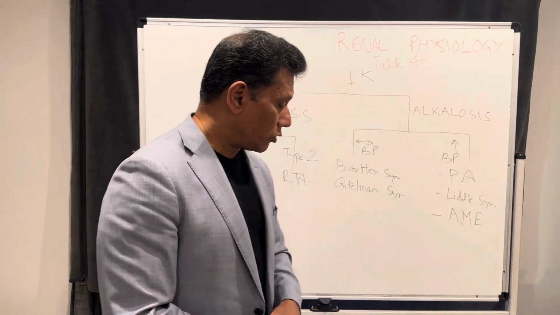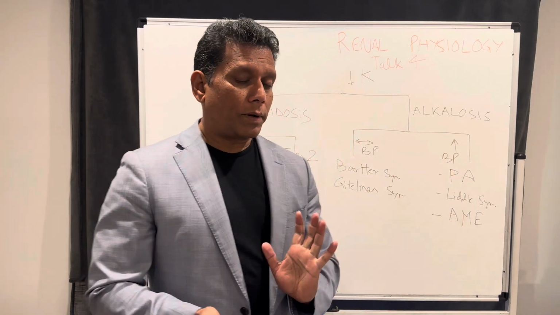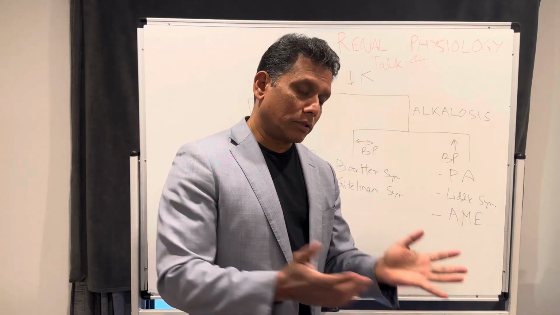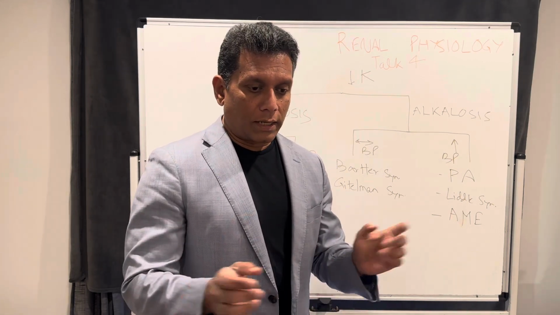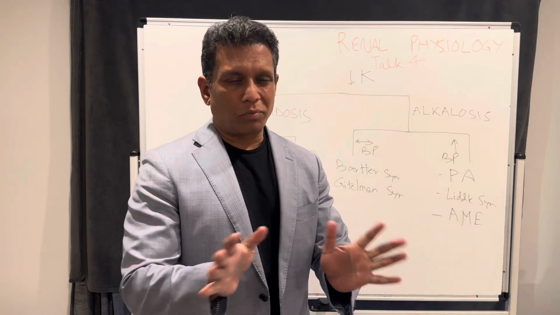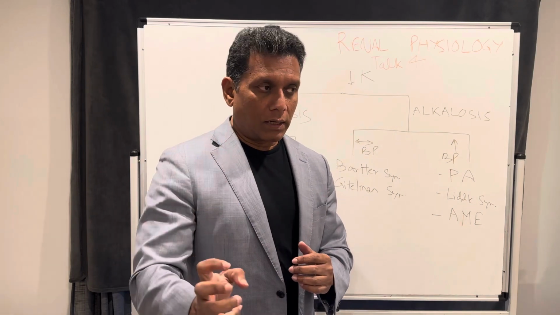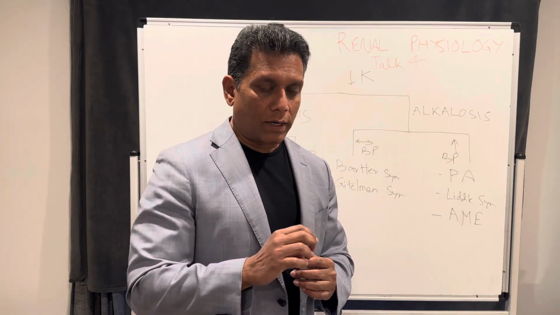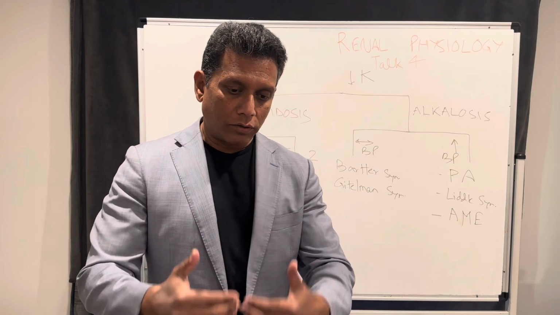Finally, apparent mineralocorticoid excess. Cortisol can do pretty much the same things that aldosterone does on the kidney tubules, and the concentration of cortisol is, I think, a few hundred times more than aldosterone. But thankfully, the kidney has an enzyme called 11-beta hydroxysteroid dehydrogenase type 2. You probably don't have to remember the name of the enzyme, but what you need to understand is that in the kidneys, this enzyme deactivates cortisol into cortisone, which is metabolically inactive and is lost in the urine.